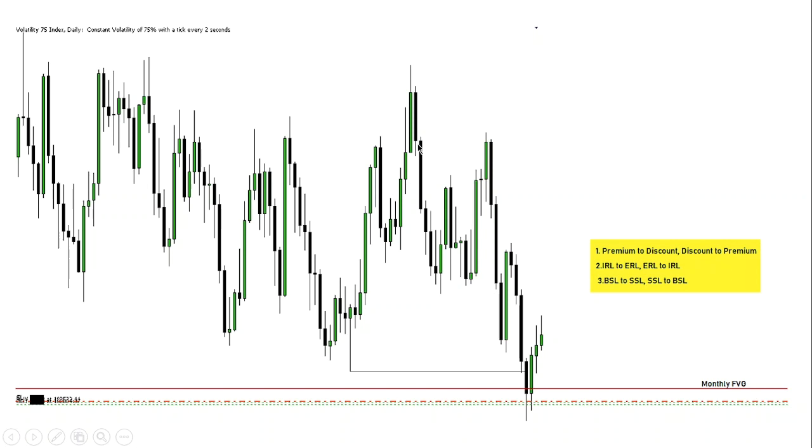There was another post on their sell too here because we're taking out buy side liquidity, so I want to see a sell-off into sell side liquidity, or I'd say internal range liquidity, from external to internal, all those kinds of things. Stick to what works. These three here, if you use them religiously, you always know where price is going. So until the next video, you have a good one.